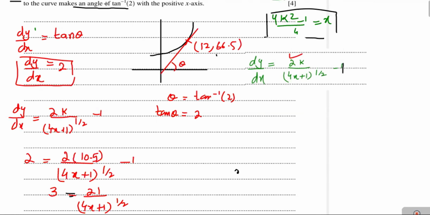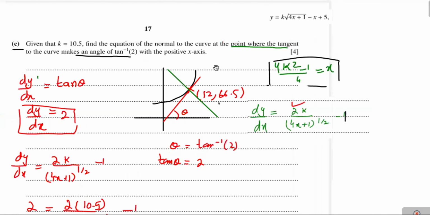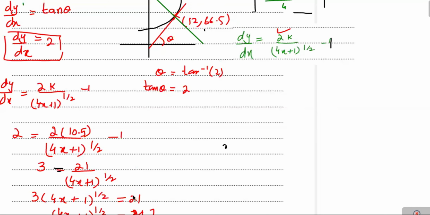We have to find the equation of the normal at this point. Now to find the equation of the normal, that will be y minus y1 equal to m into (x minus x1).